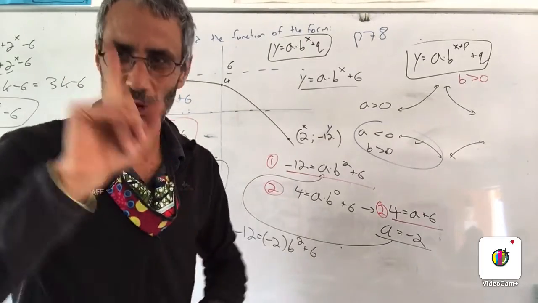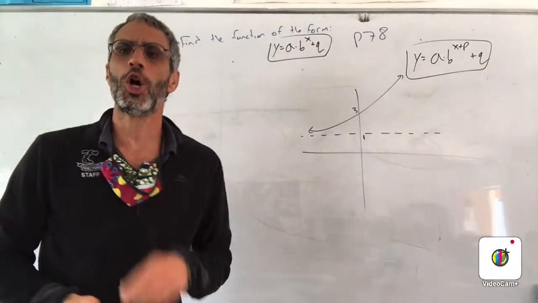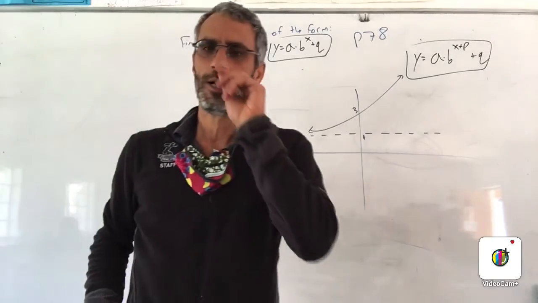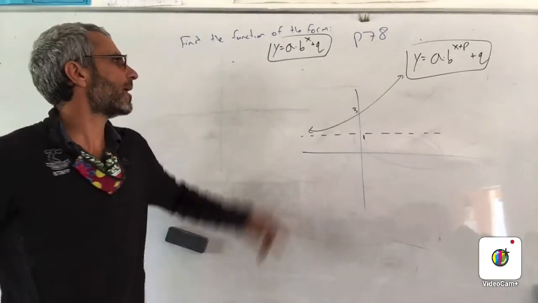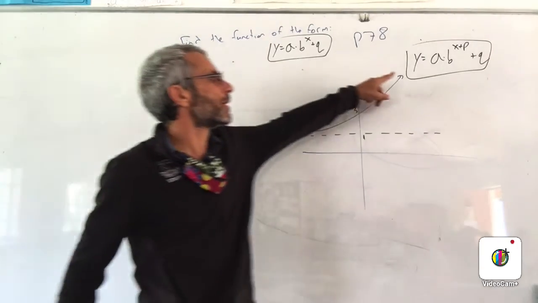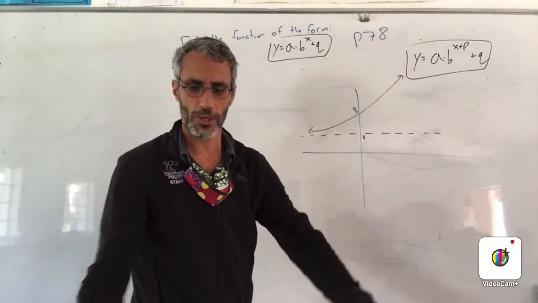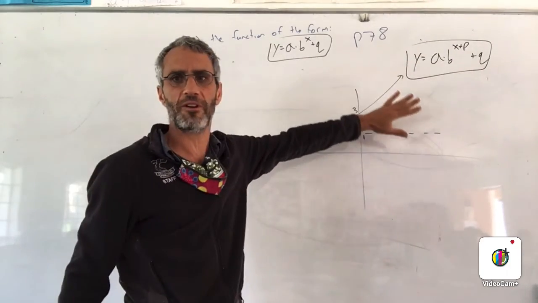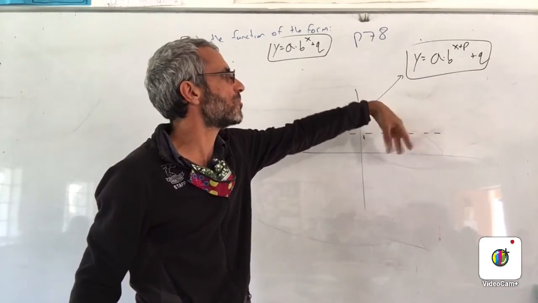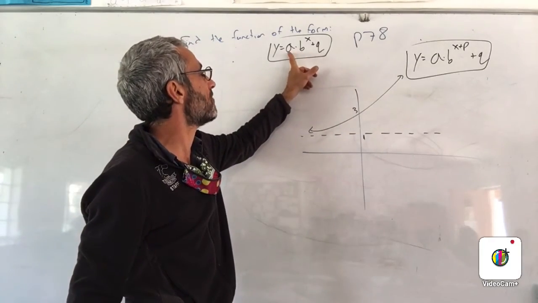Alright, we're gonna pause here for questions. Moving on, we're gonna do one more question. It is actually really important we do that because remember I told you they're not giving us the most general form of an exponent with the a and the b and the p and the q. In this last question, they gave us just a, b, and q.